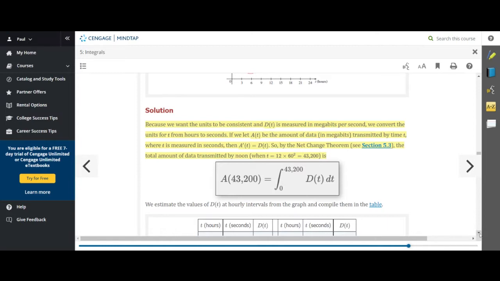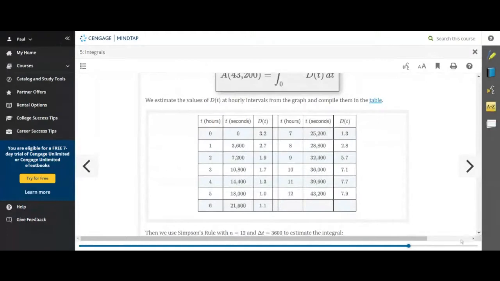So let's look at the table here. Okay, this is nice. They break the table up in terms of hours, and for each hour they give the number of seconds. So 1 hour is 3,600 seconds, 2 hours is 7,200 seconds. And then they give the value of our data function for every hour. So we have this data, and we can now apply Simpson's rule to it.